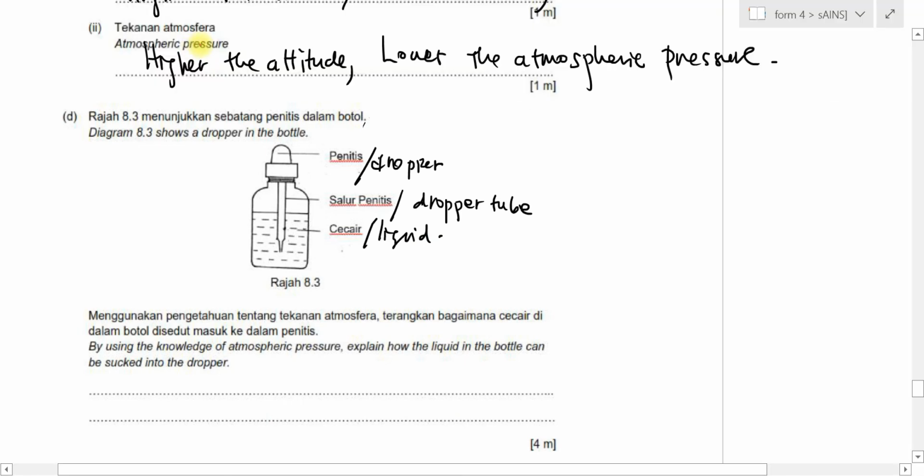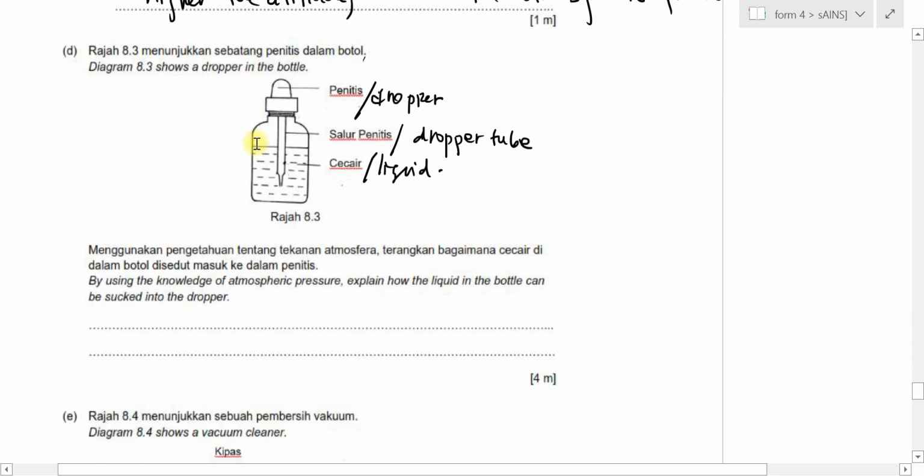So the question is, by using the knowledge of atmospheric pressure, explain how the liquid in the bottle can be sucked into the dropper. Explain for 4 marks, so you need 4 points. Basically they're asking the working principle of a dropper.